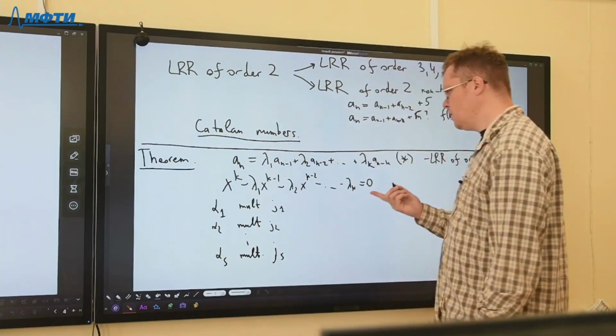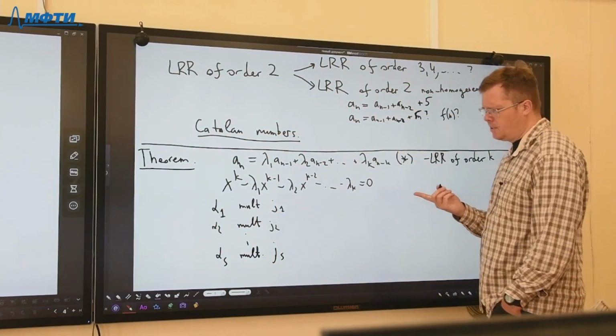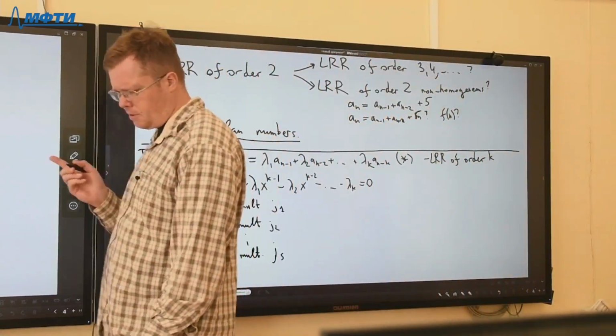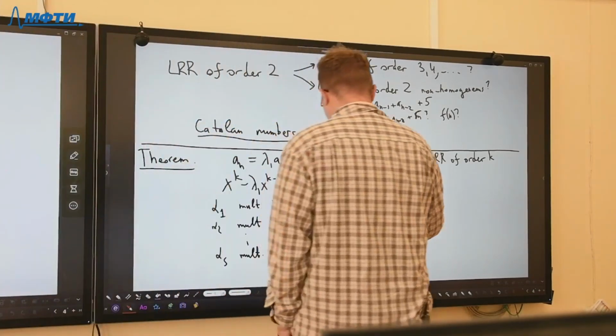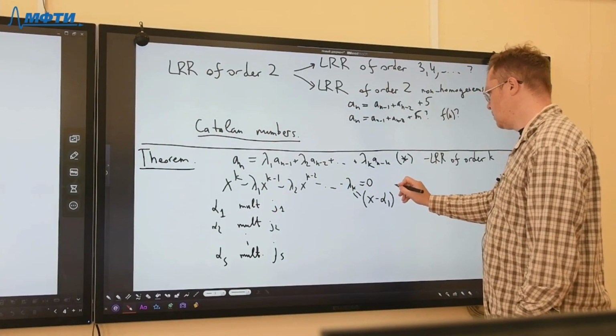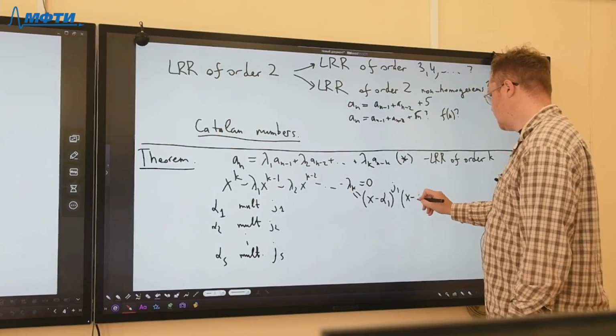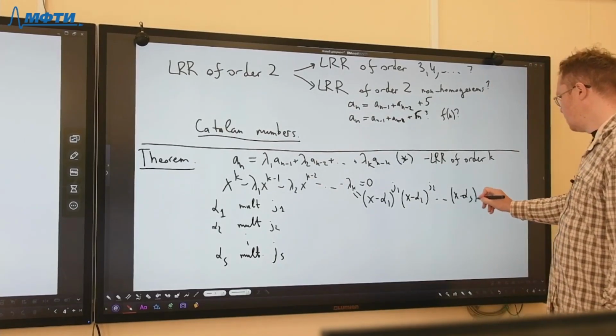So what term do you use to describe the number of times alpha occurs in the polynomial? Degree, multiplicity? Multiplicity. So I just want to say that this polynomial is equal to x minus alpha 1 to the power j1, x minus alpha 2 to the power j2, and x minus alpha s to the power js.